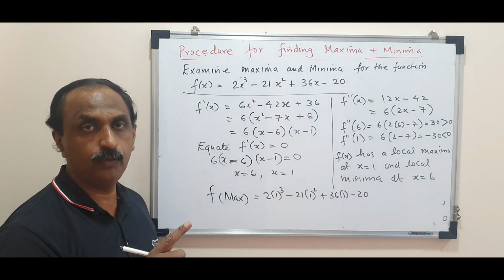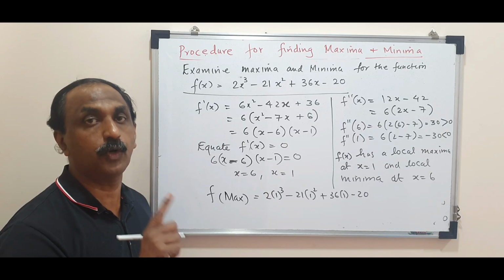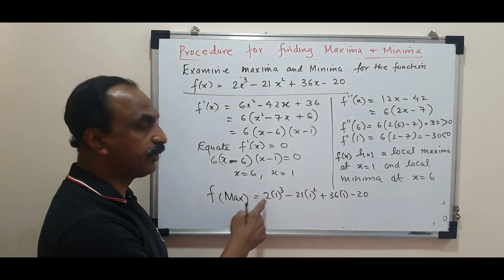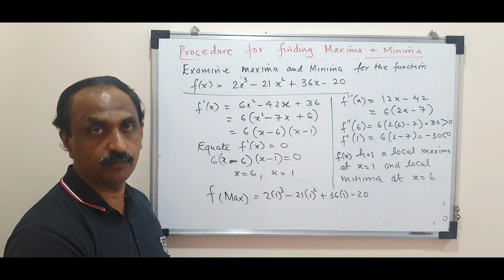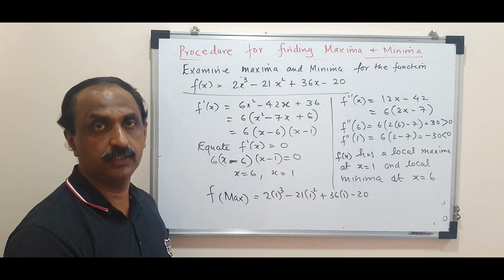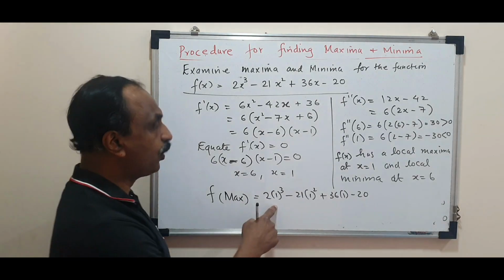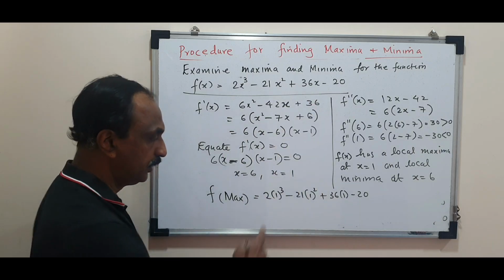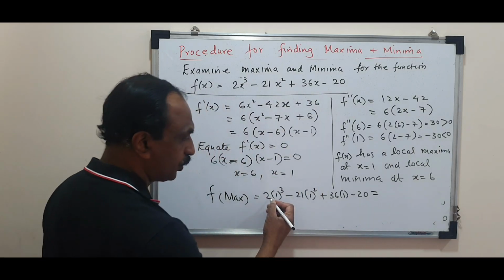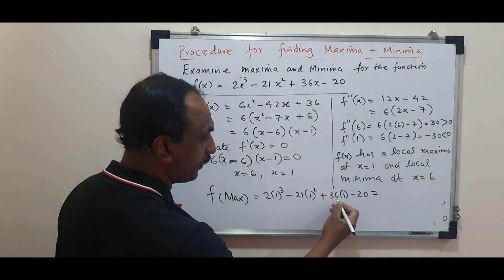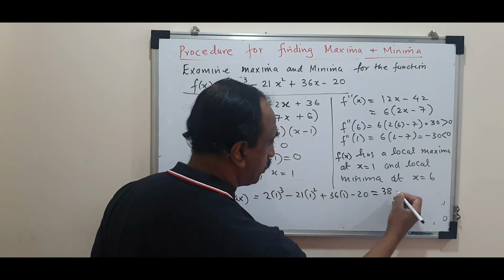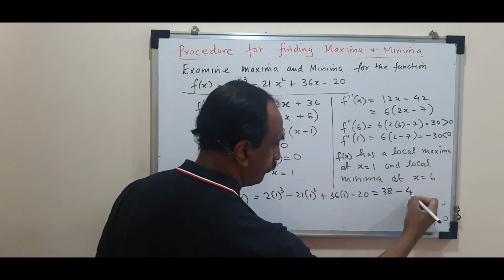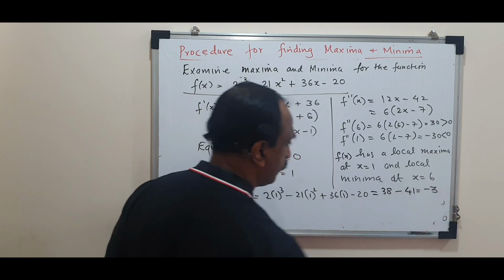The second derivative's value only decides whether it is positive or negative. The value of the function is the one which gives you maximum value, because maximum value means the y coordinate, and the y coordinate is obtained by the function's value. So we will get 2 minus 21, plus 36 is 38, 38 minus 41. That gives you minus 3.